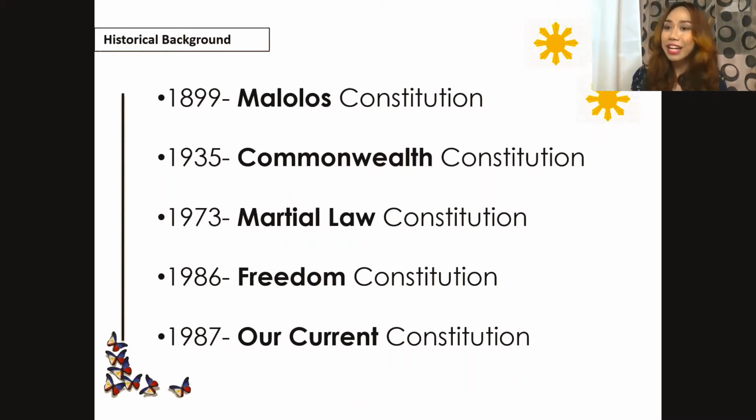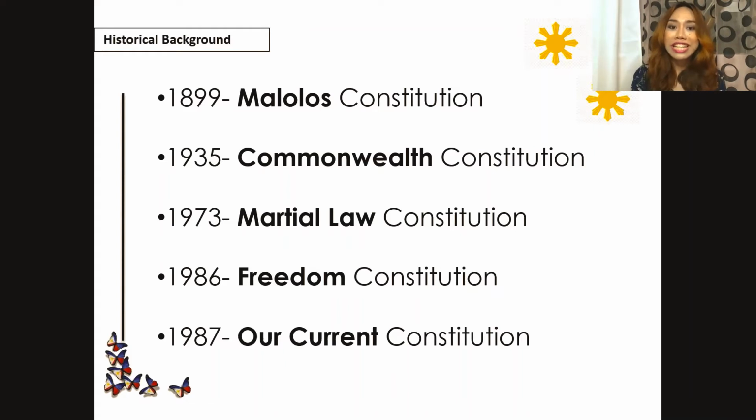Second, the drafted constitution must be approved first by the President of the United States, and that drafted constitution, once approved by the President of the United States, is to be ratified by the Filipino people. So it was in 1934 that the Constitutional Convention that was called to draft a new constitution completed the draft.